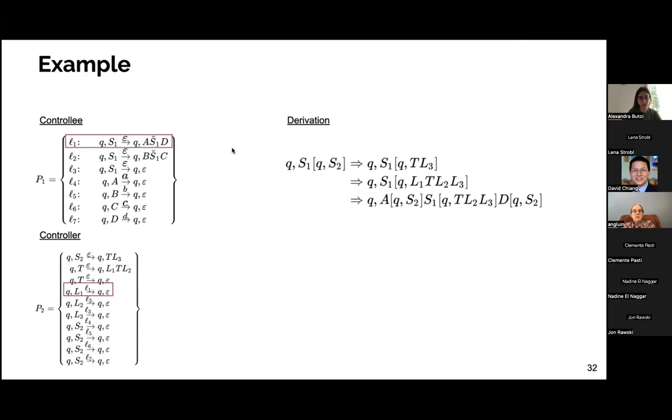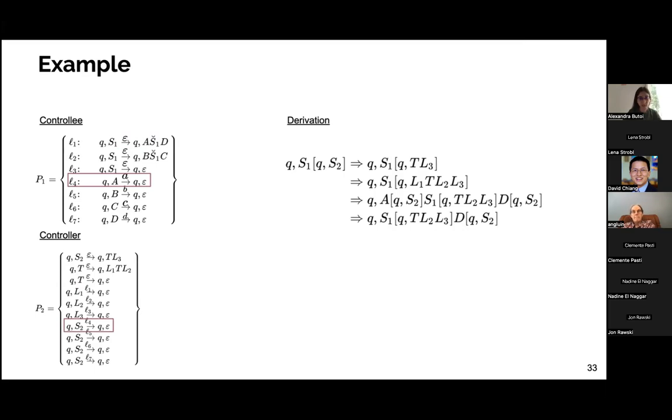And at the same time, we apply the rule labeled with L1 of the controllee, and we get this sequence of stack symbols. And again, each non-distinguished stack symbol is augmented with the initial configuration of the controller, which is in this case QS2.